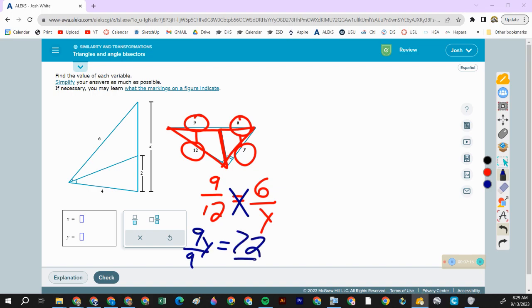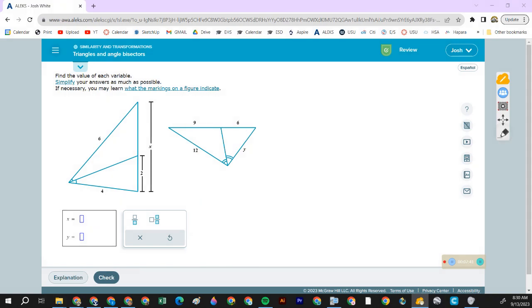Divide by 9. 9 goes into 72 8 times. So y equals 8. Okay? So that's pretty simple. You just have to remember how it works. So the length of one side of a triangle divided by the other is equal to the other triangle in the same direction. Okay? But the next triangle is a little confusing.